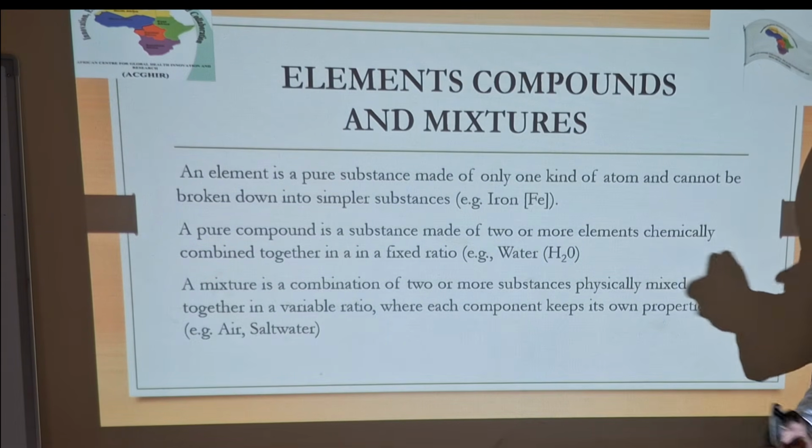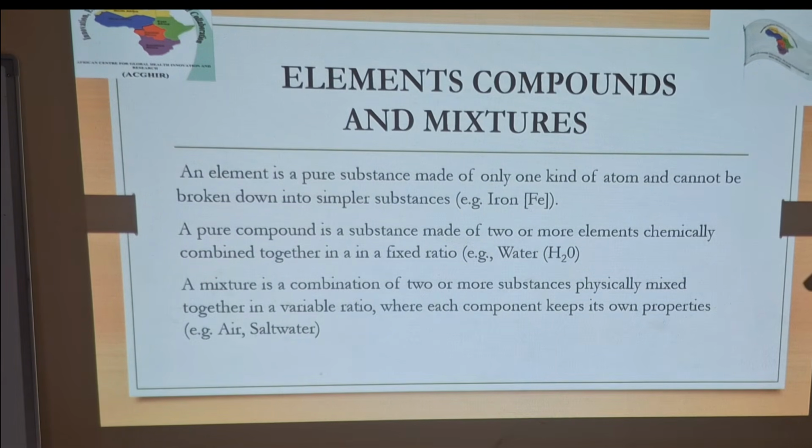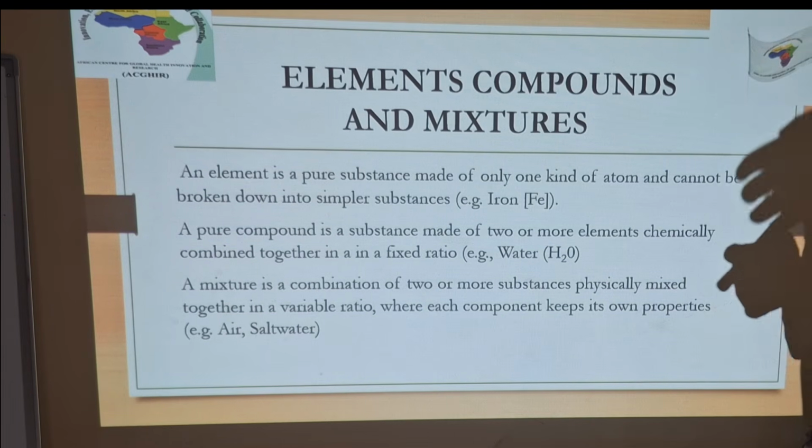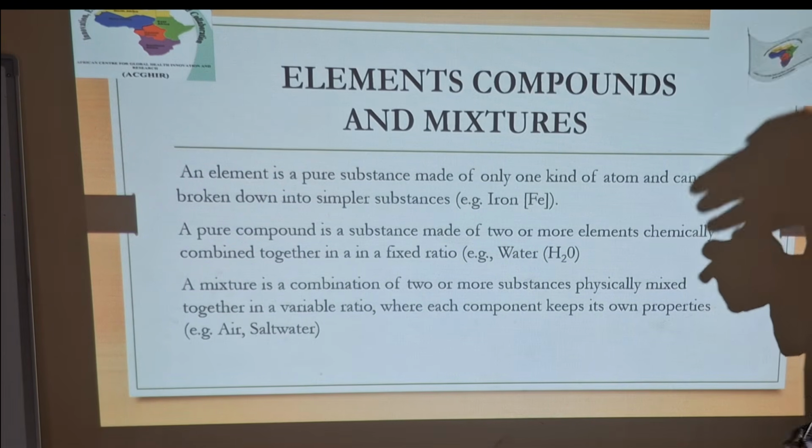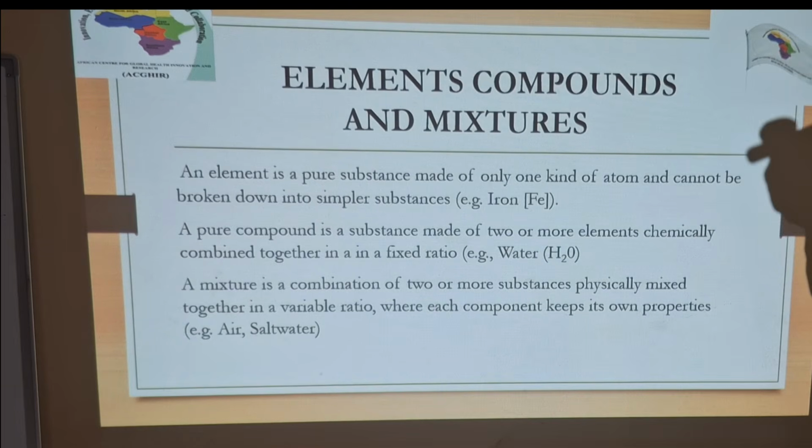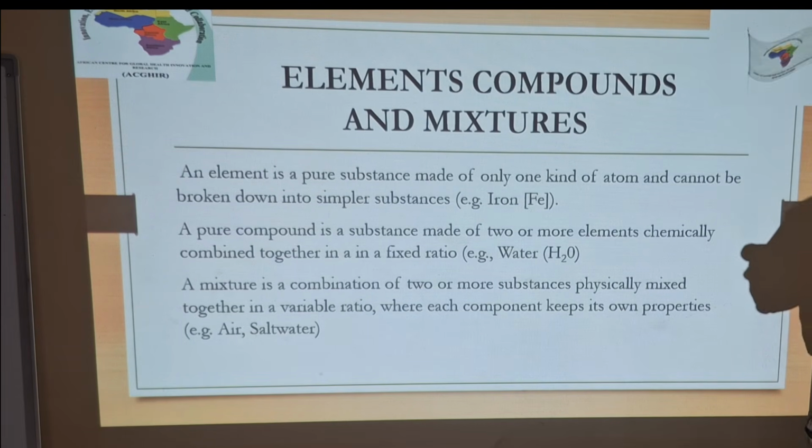Basically, an element is a pure substance made of only one kind of atom and cannot be broken down into simpler substances, for example, iron, represented by the symbol Fe. A pure compound is a substance of two or more elements which are chemically combined together in a fixed ratio, for example, water, which we knew even from as early as Form 1 has the chemical formula H2O.